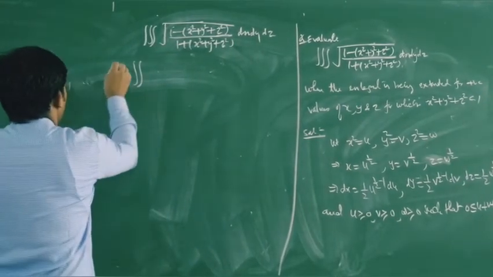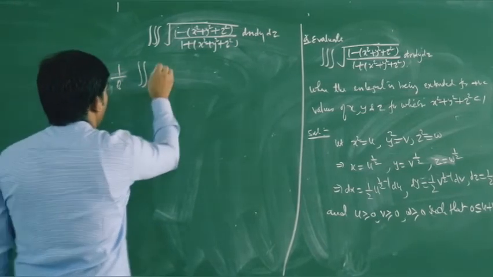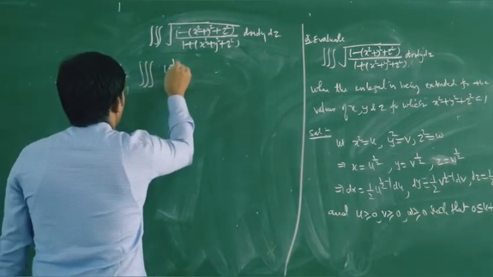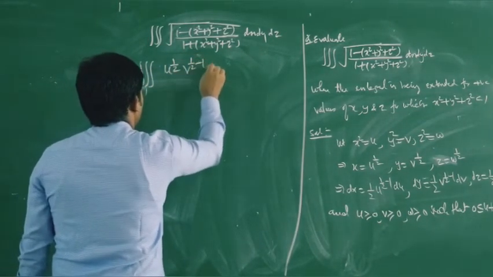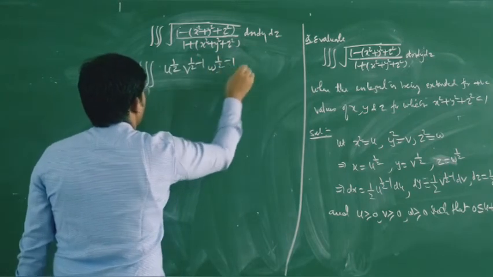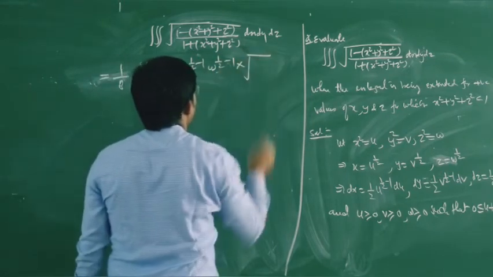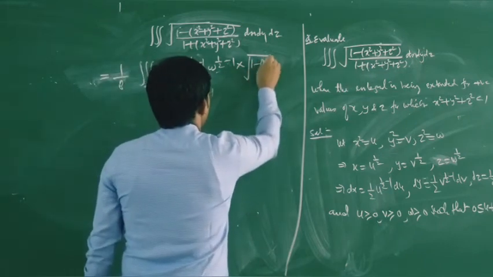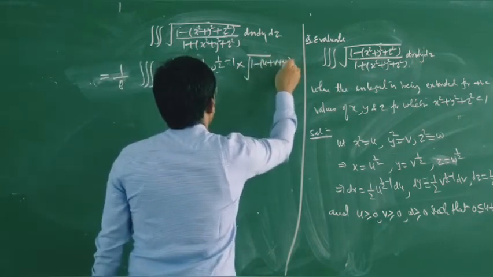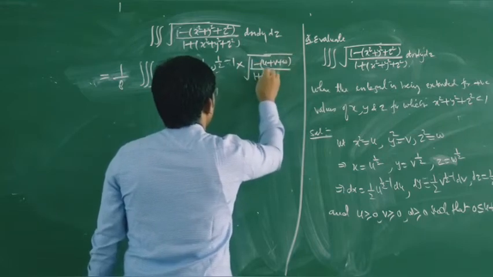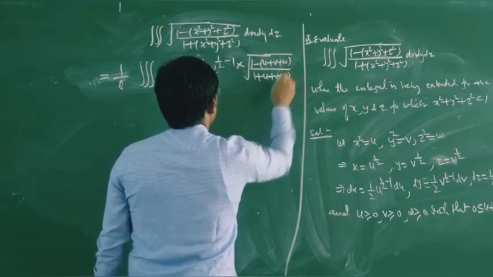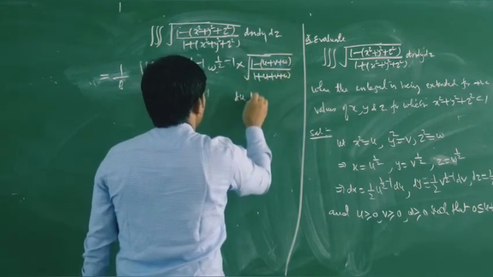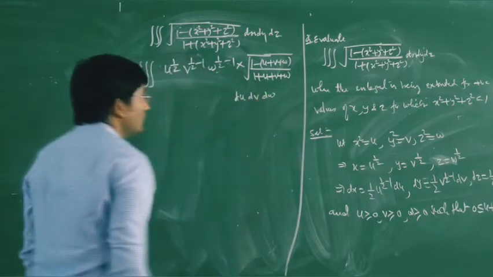So we have 1 by 8 outside, and here we will have u power half minus 1, v power half minus 1, w power half minus 1 into under 1 minus u plus v plus w upon 1 plus u plus v plus w into du dv dw.